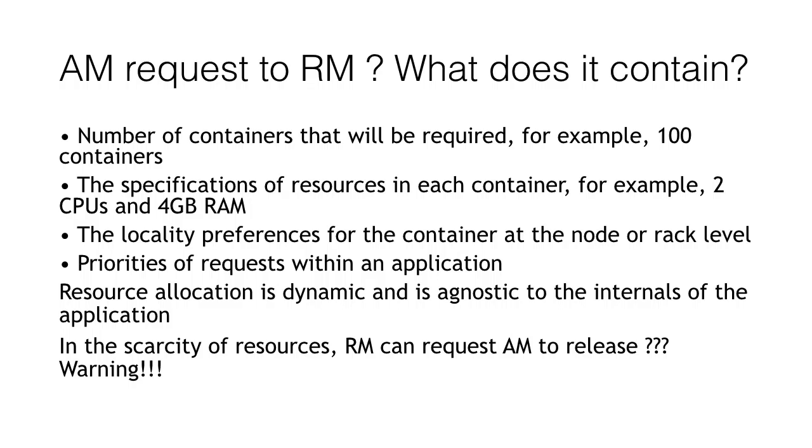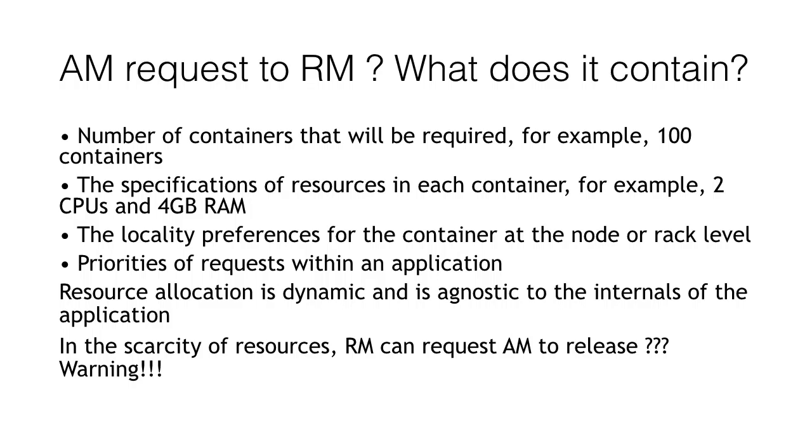So what is the AM request to RM? What does it contain? So it could actually have a number of containers that will be required. For example, 100 containers, right?